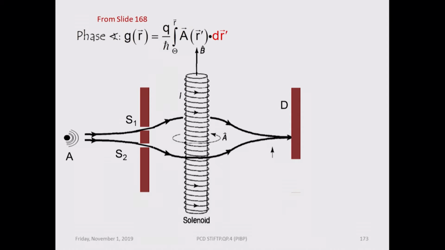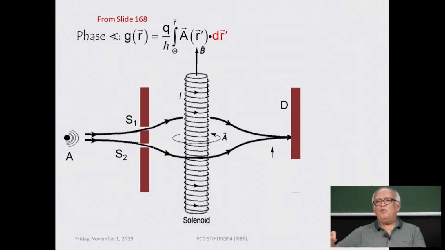So, now let us estimate what this Aharonov-Bohm phase is. So, this we know is given by this integral, and A dot dr is what you have to add up over the path over which the particle interacts with the vector potential, and it interacts along the direction of the potential on one side of the solenoid and against it on the other.